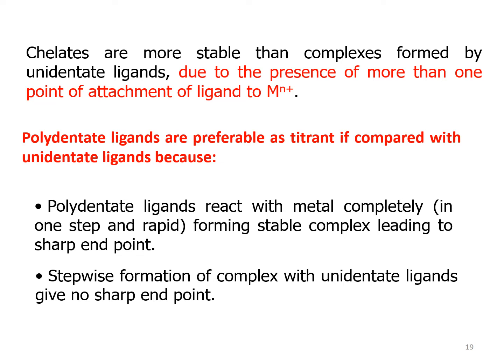On the other hand, any stepwise formation of the complex with a unidentate ligand gives no sharp end point. For quantitative determination, to know the concentration of our sample, we should apply a polydentate ligand to give a sharp endpoint so that we can take the reading more accurately.